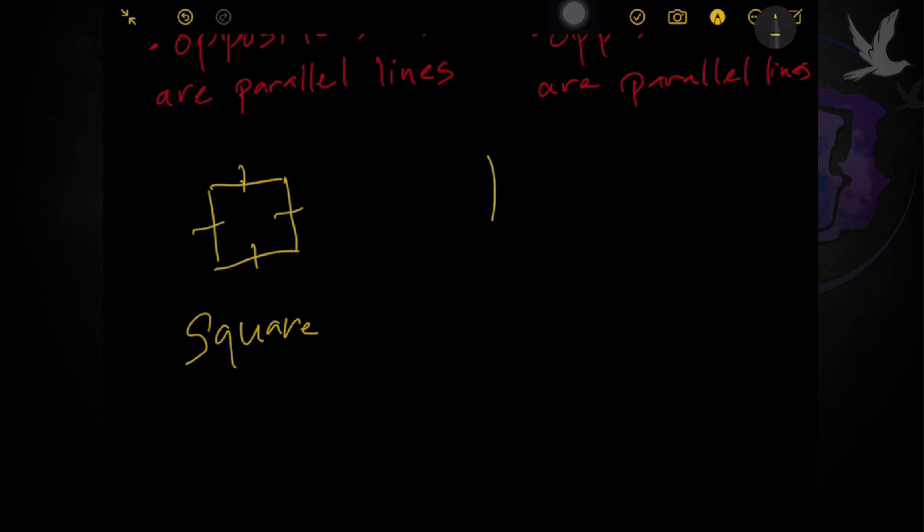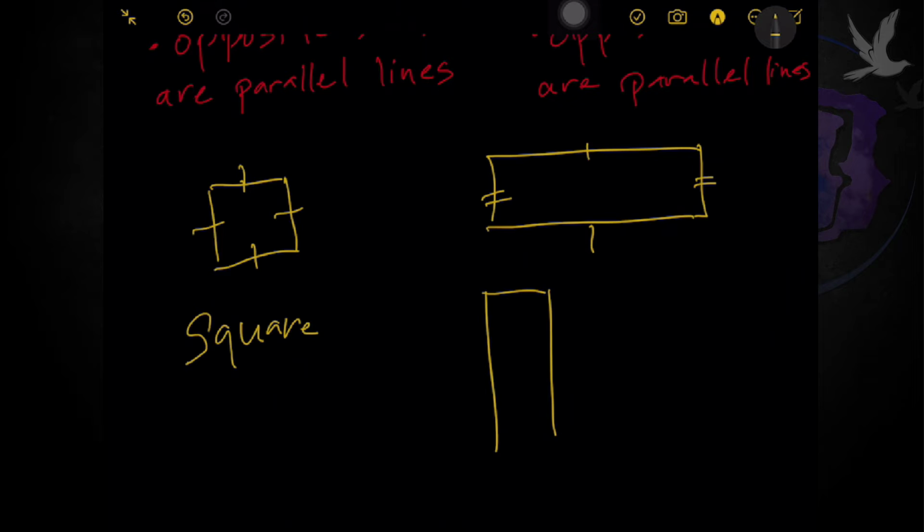While for a rectangle, you will obviously see the difference that one pair is longer than the other. It can be drawn in different angles. Okay? So it's quite obvious that in this case, this is a rectangle. So that's basically how you know the difference between the two. By simply looking at it, malalaman nyo kaagad that it's a square and this one is a rectangle.